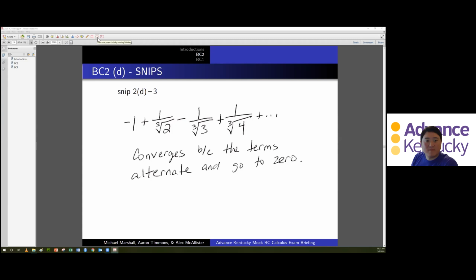We see that they say converges, so they've earned the first point. Then we see because the terms alternate and go to 0. Well, we're looking for alternating terms, decreasing in absolute value and going to 0. They're missing one of those. They do not discuss decreasing. Goes to 0 is not enough. So we're going to say 1, 0.